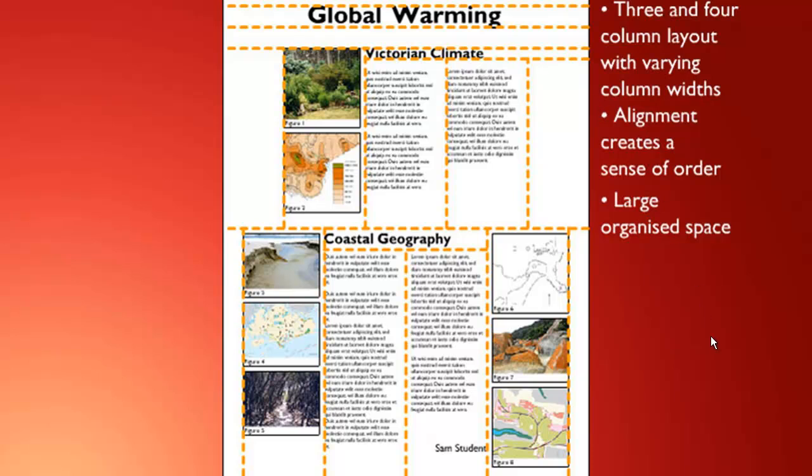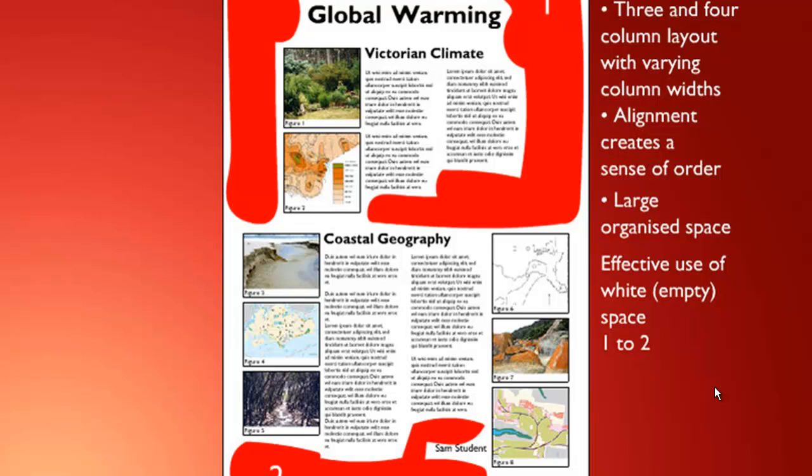So this is an example of a three-column layout and a 4-column layout. Alignment creates a sense of order, and we have large organized space, so much easier to read. And there is our effective white or negative space.